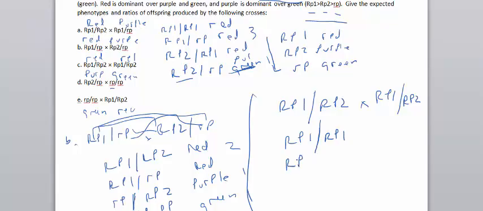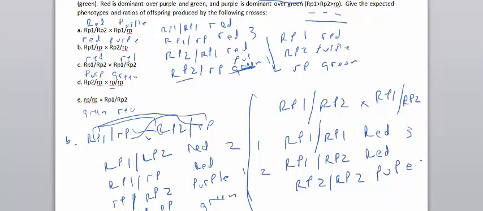We can get RP1, RP2, so we get one of those, two of these, and we can get RP2, RP2, we can get one of these. These are red, these are red, and these are purple.